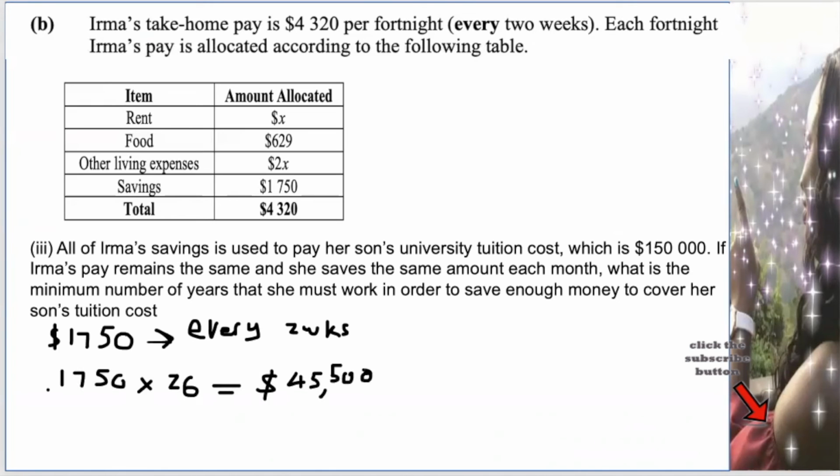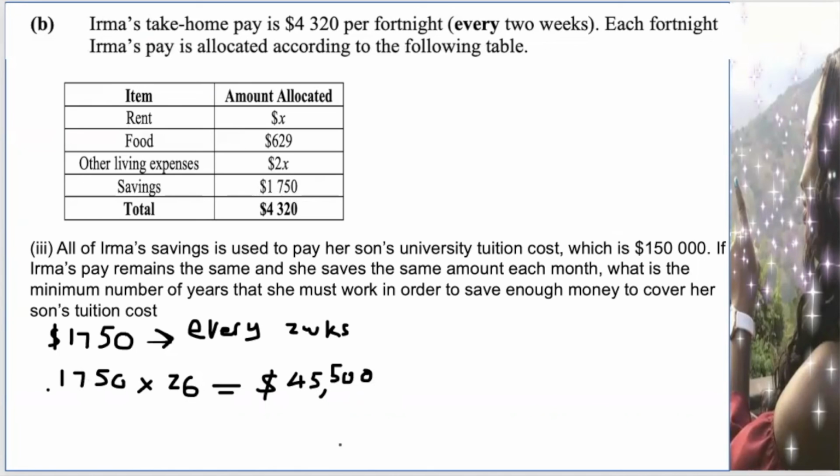So how many 2 weeks you have in the year is 26. So 26 times this gives me the amount that she saves for a year.